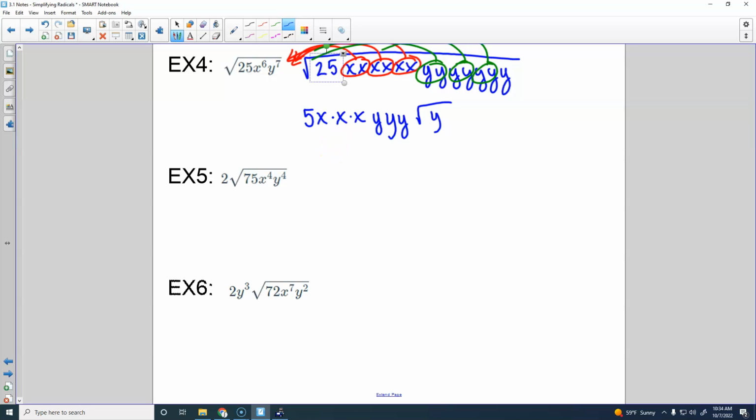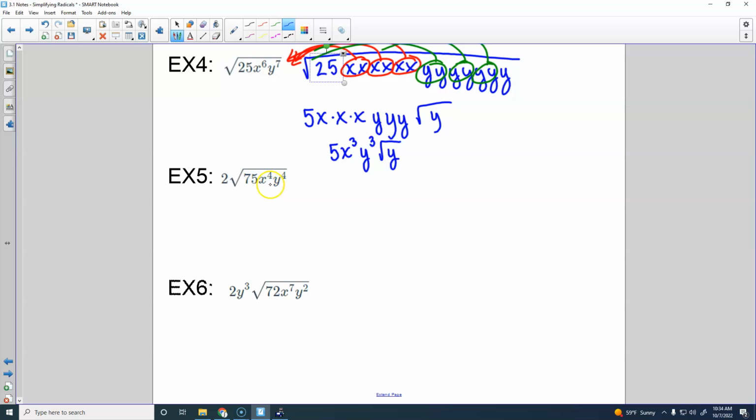So what you end up with is 5x to the third. You got 3 prisoners here that get out. You got 3 more. The other 3 x's and 3 y's, they're gone completely. Basically, half of the x's that try to escape are going to make it. If there's an odd number, you've got to just leave that extra in there.